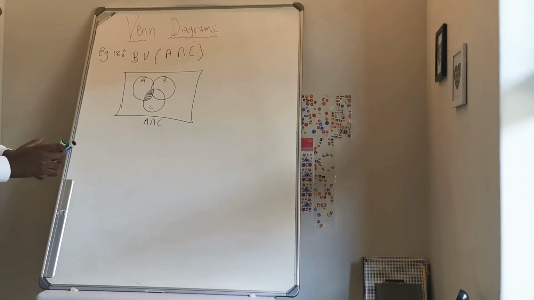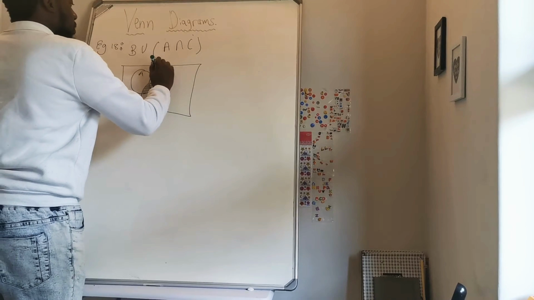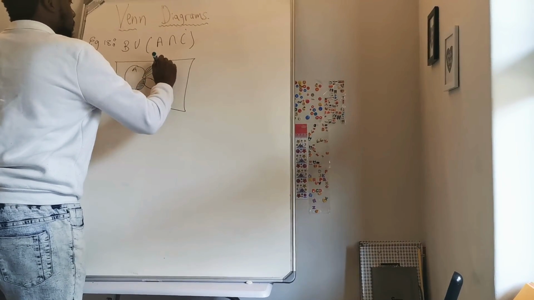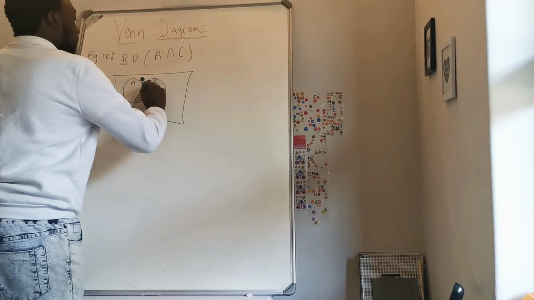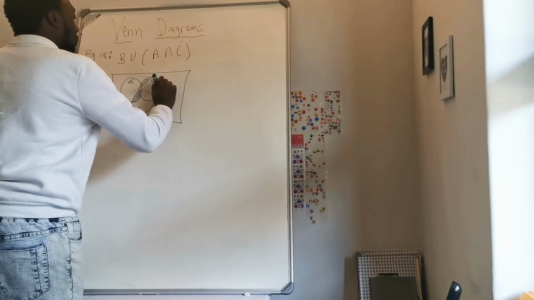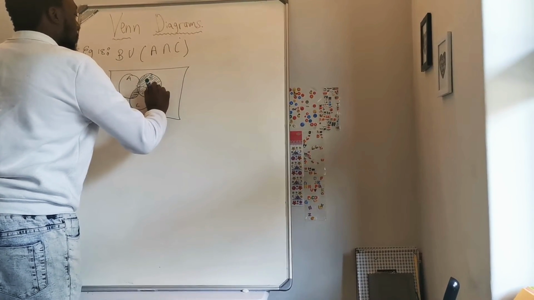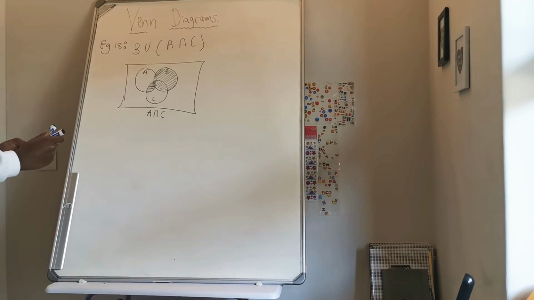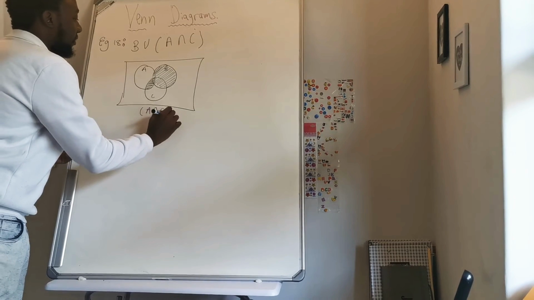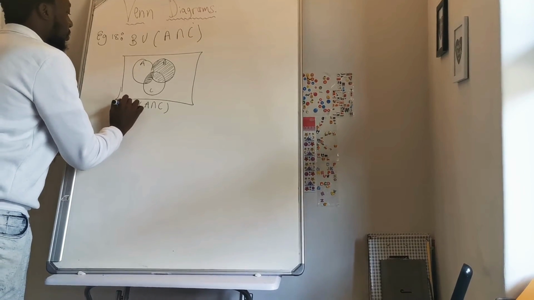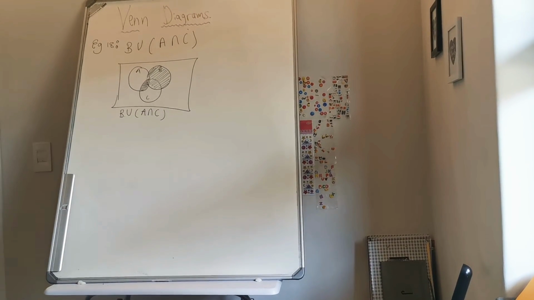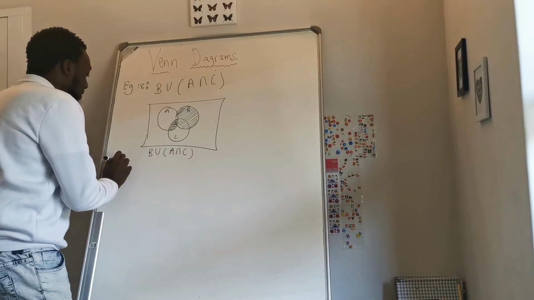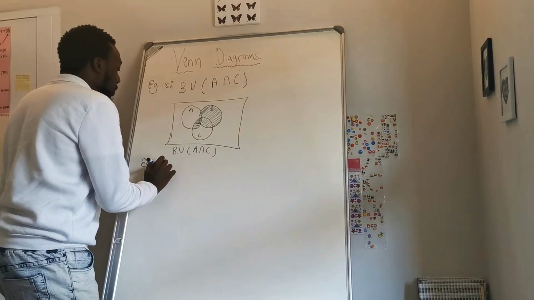So what that means is that you go to B and you shade in all of B. So that's B. It looks something like that. So that's the intersection of A union with B. Good? Alright.